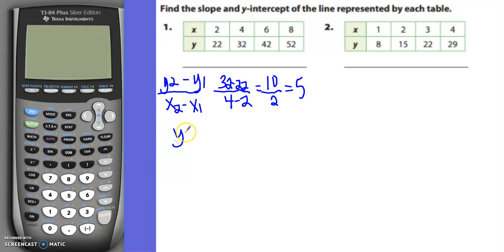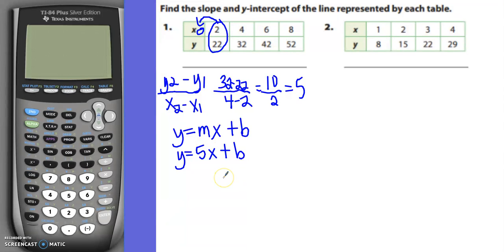Alright, if we have the equation y equals mx plus b, we can take our slope and use it like this. Now, you can either figure out what it is when x equals 0, or you can take the first ordered pair and plug it into the table of values.